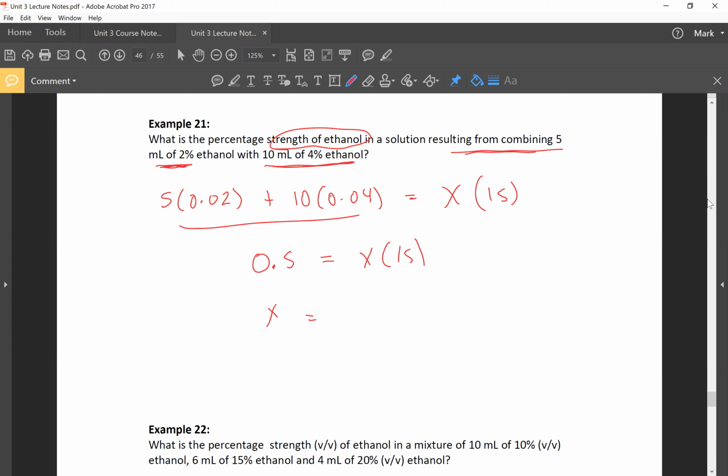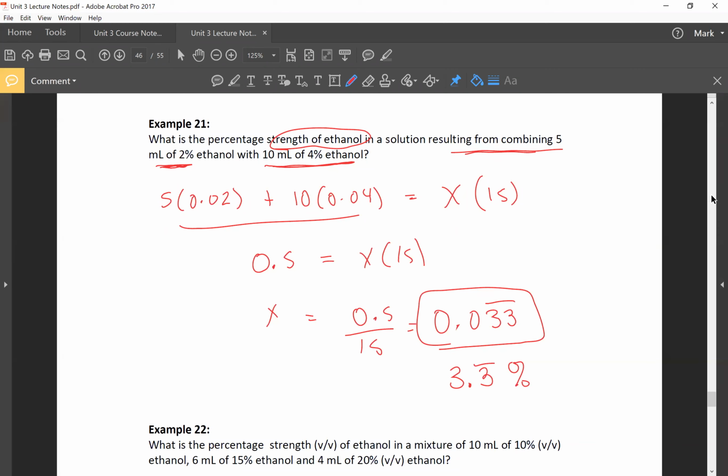So x would be 0.5 divided by 15. What I end up getting is 0.033 repeated. Now, this is a decimal, so the answer would be about 3.3 repeated percent.